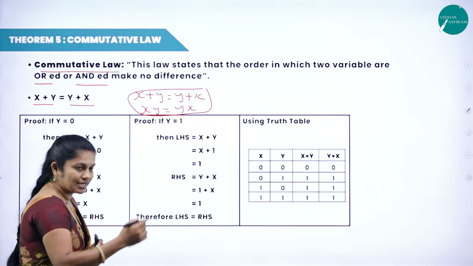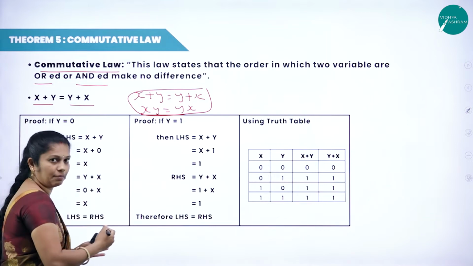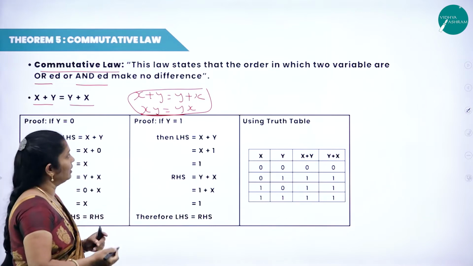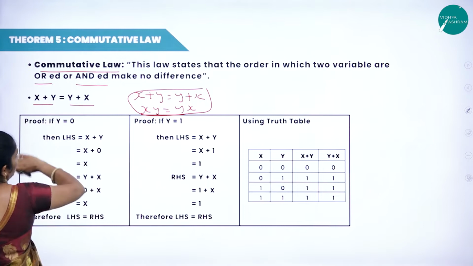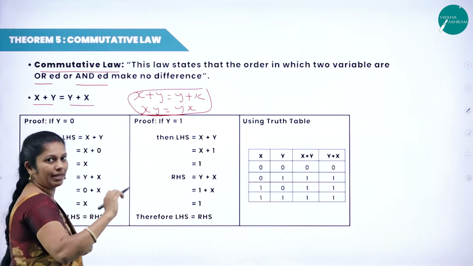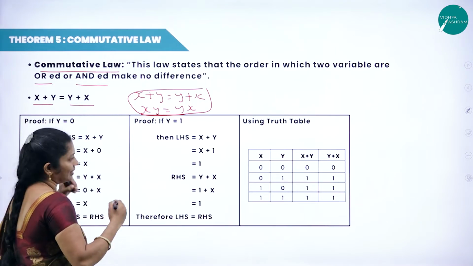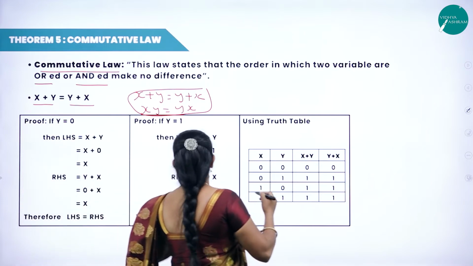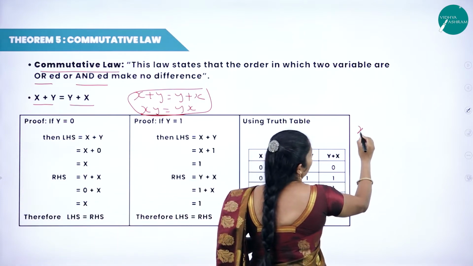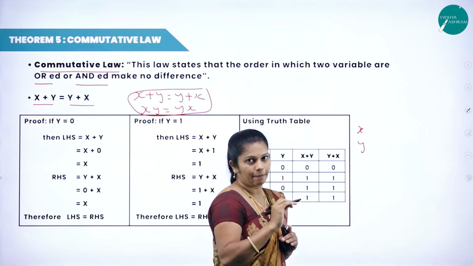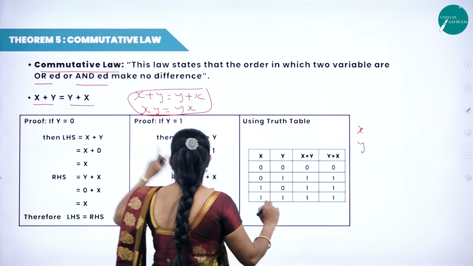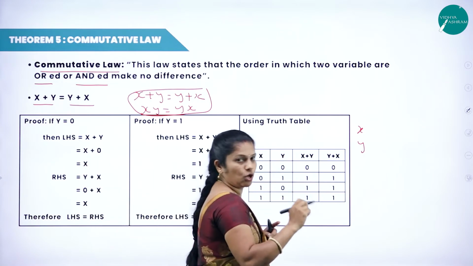Then how to write the circuit diagram and how to prove that by using perfect induction method, that I will explain to you. Now we have the equation x plus y equals y plus x. How to write the circuit diagram for this one? See, first we have x, and then the second is y. In between we have the plus operator.